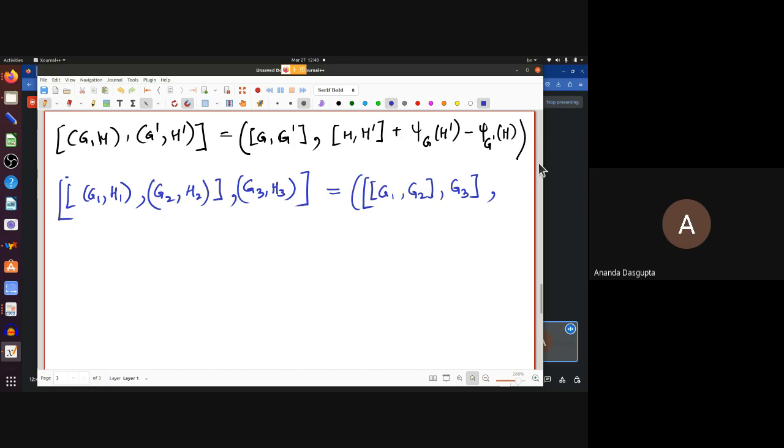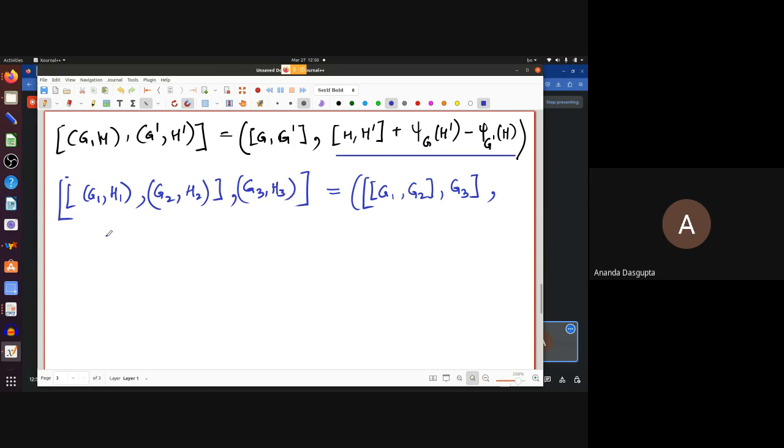What about the small h part? In fact, we are going to focus on the small h part. So let's break this up into pieces. In the small h part, you basically have this as the small h part of this bracket, and you're going to do a bracket with h3.